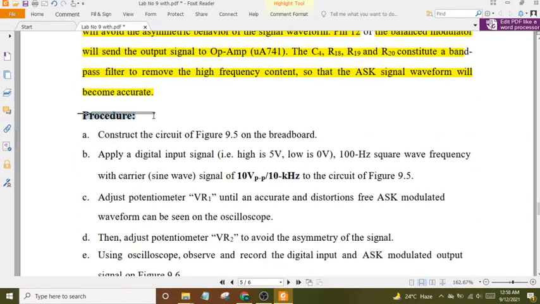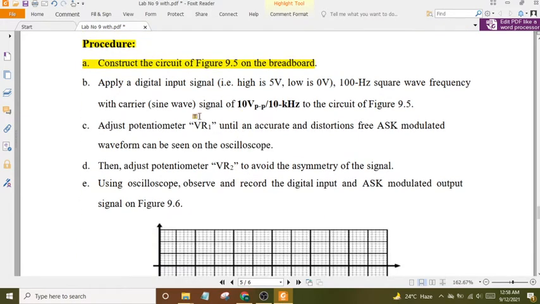Procedure. A. Construct the circuit of Figure 9.5 on the breadboard. B. Apply a digital input signal, i.e. highest 5V, lowest 0V, 100 Hz square wave frequency, with a carrier sine wave signal of 10 Vpp, 10 kHz to the circuit of Figure 9.5.